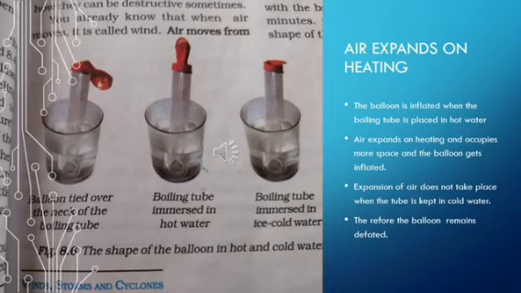Now you take out the tube and allow it to cool for some time. And then you take some ice cold water in another beaker and place the tube with the balloon in the cold water for 2 to 3 minutes. Now you observe the change in the shape of the balloon. What do you think will happen?